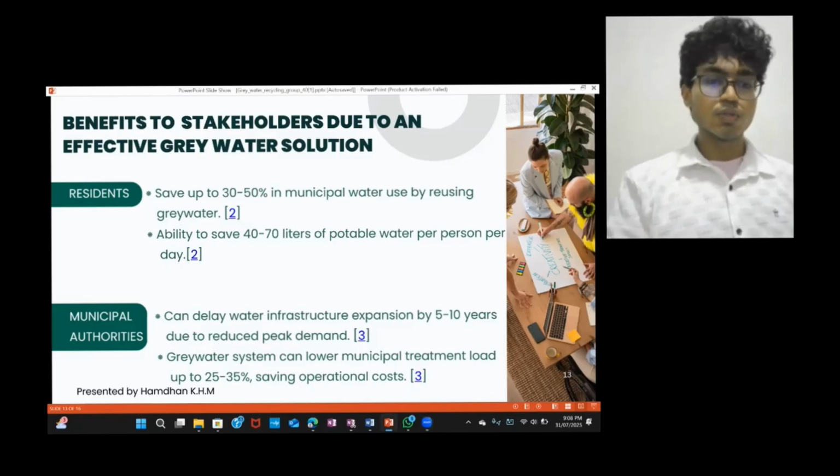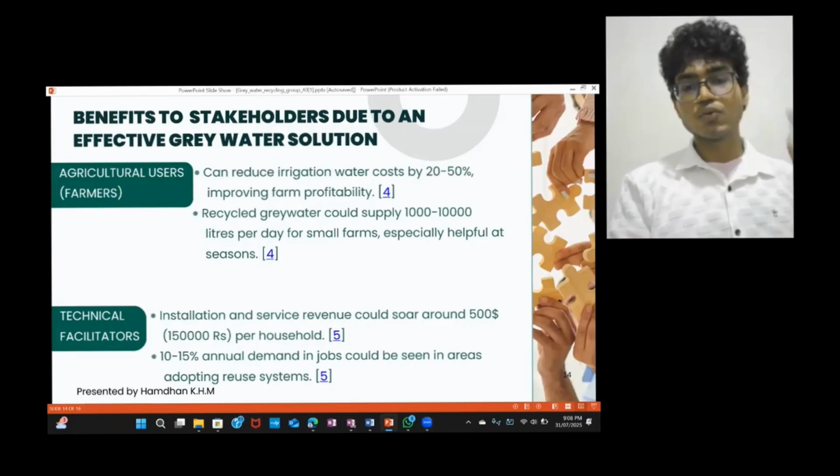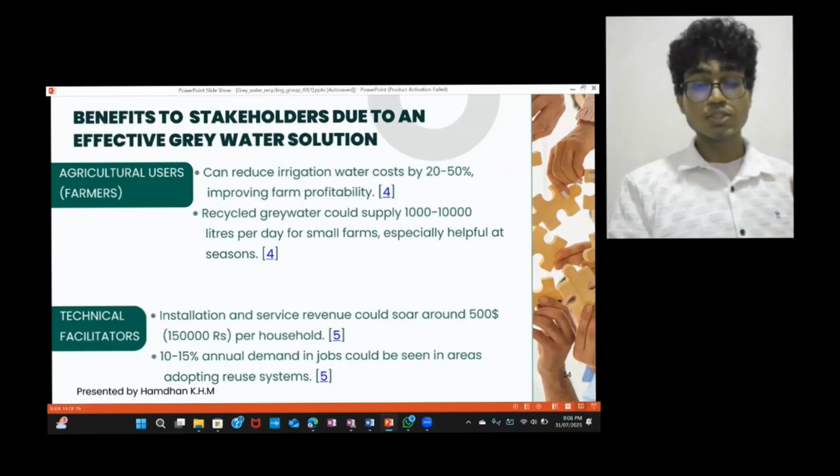Now, the next stakeholders are the agricultural users, in other words, farmers. Farmers can reduce irrigation water costs by 20 to 50%, improving farm profitability. The recycled greywater could supply 10,000 liters per day for small farms, especially helpful in dry seasons.